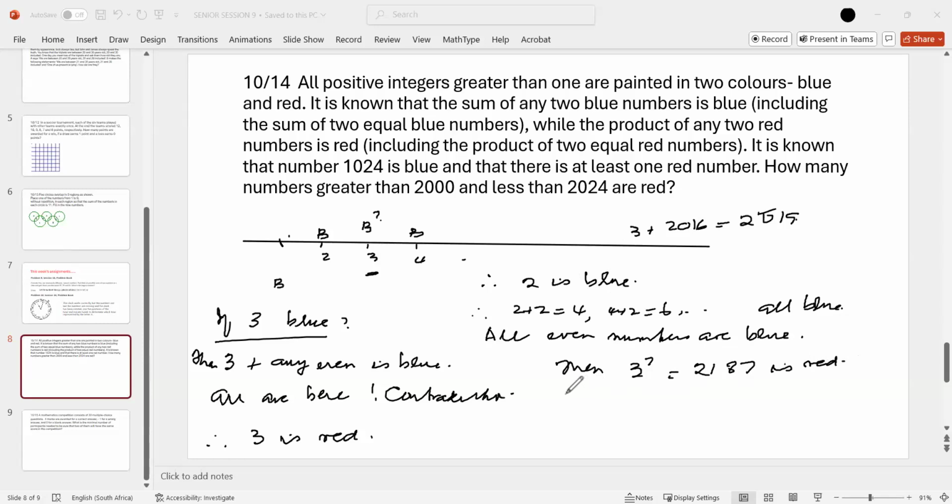Now let's look at 2021 or 2001. Now, is this blue? If this is blue, then 2001 plus, what must you add to this to get this? 186 is blue.